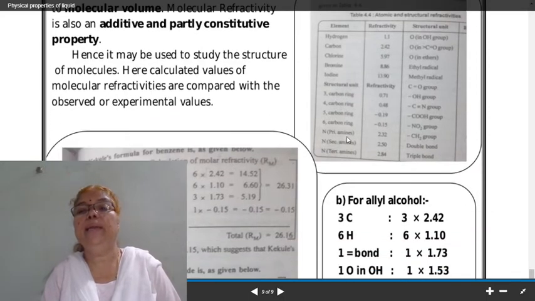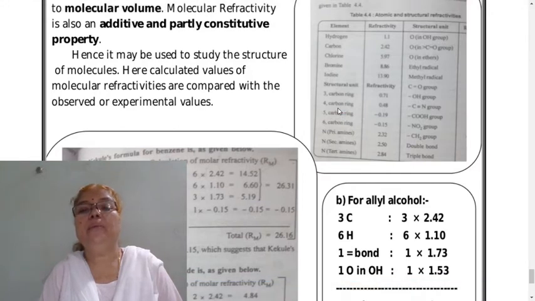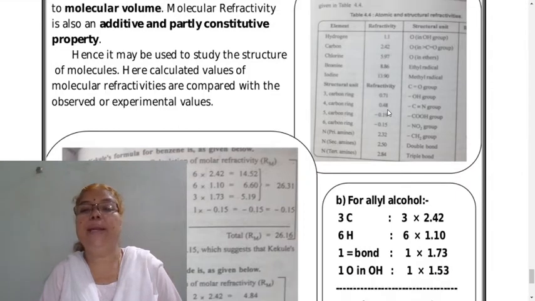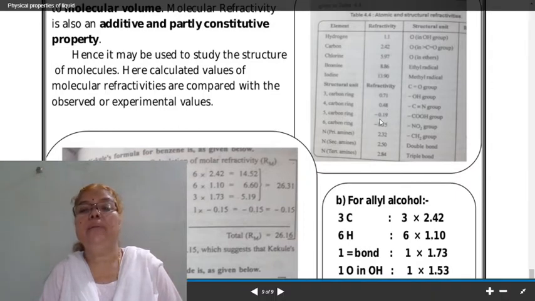And here they have given the structural units and refractivity. If there are 3 carbon rings, then the refractivity value is 0.71. Then for 4 carbon rings, the refractivity value is 0.48. For 5 carbon, it is minus 0.19.